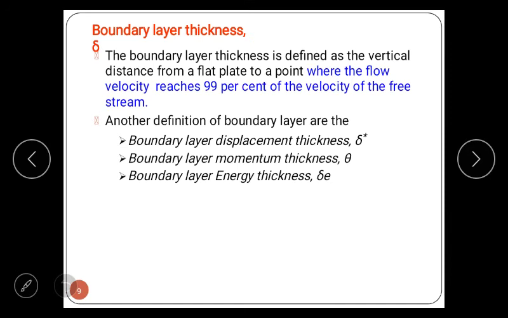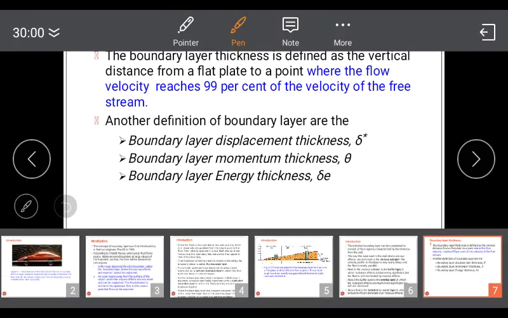Then boundary layer momentum thickness, denoted by theta, and boundary layer energy thickness, denoted by delta with suffix small e. Now let's see the boundary layer thickness in terms of displacement, momentum and energy.